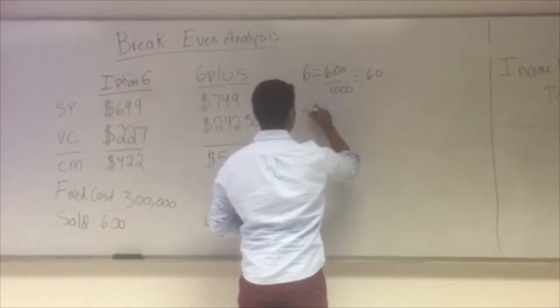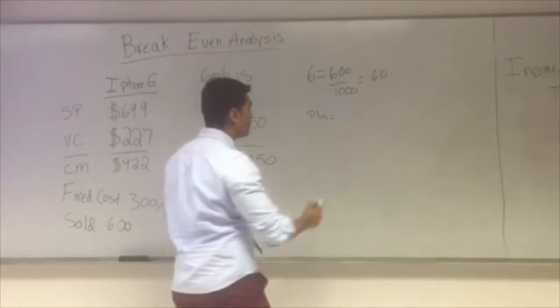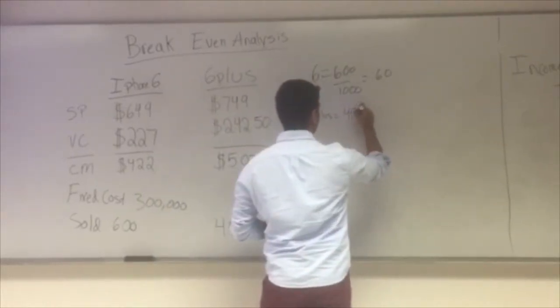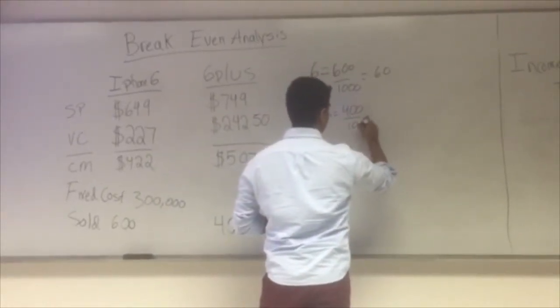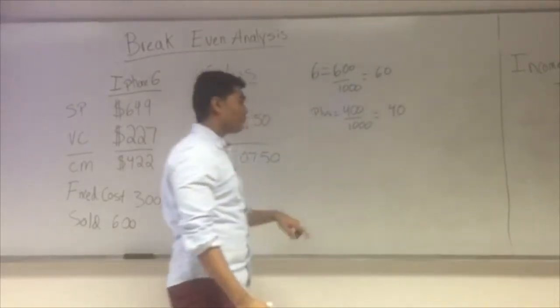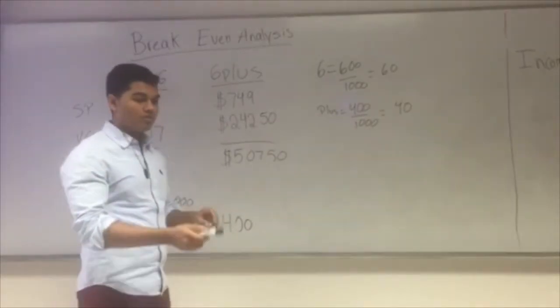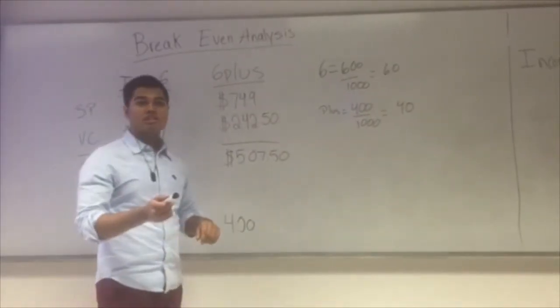And then for the Plus, it would be the 400 divided by 1,000, which gives us 0.40. Now that is our sales mix. Now, to find our break-even point, Jennifer will actually explain how to do that.